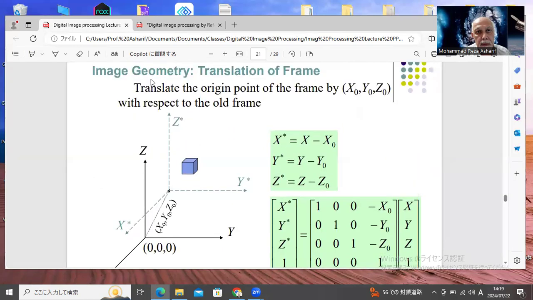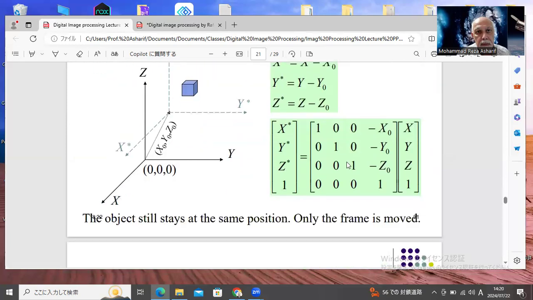But here you are transforming the translation of frames. So you are changing the origin from 0, 0, 0 to x0, y0, z0. This is like an inverse transformation.